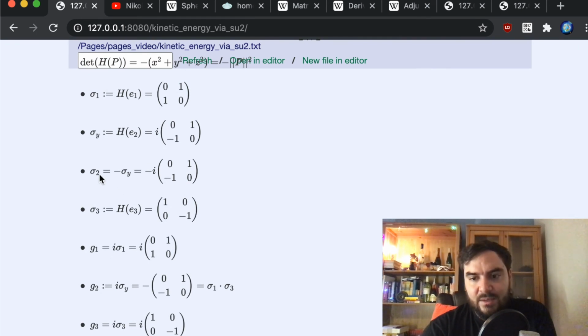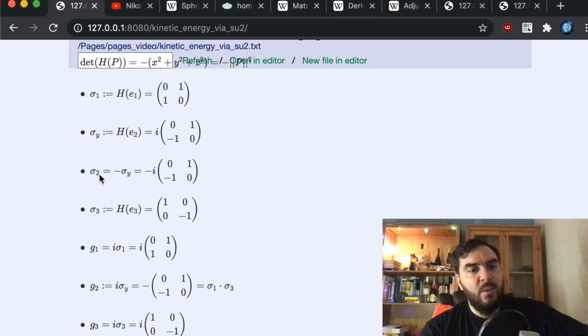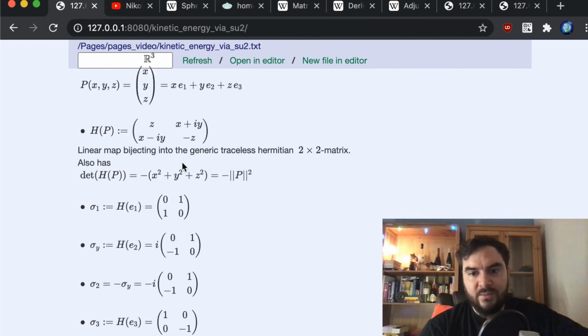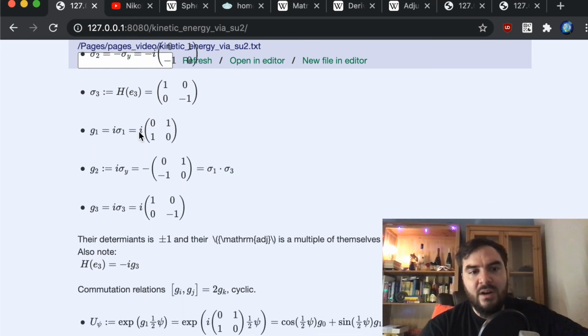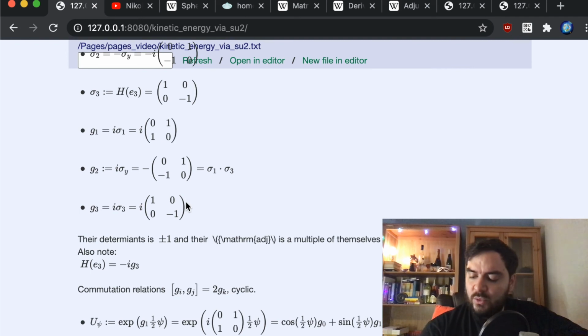As I discussed in the last video, the y one has a negative sign here if you're using this function anyway. And then there are also the generators of the SU2 Lie algebra, which are just multiples. They are anti-self-adjoint. I have spoken about this in detail in the last 2 videos.